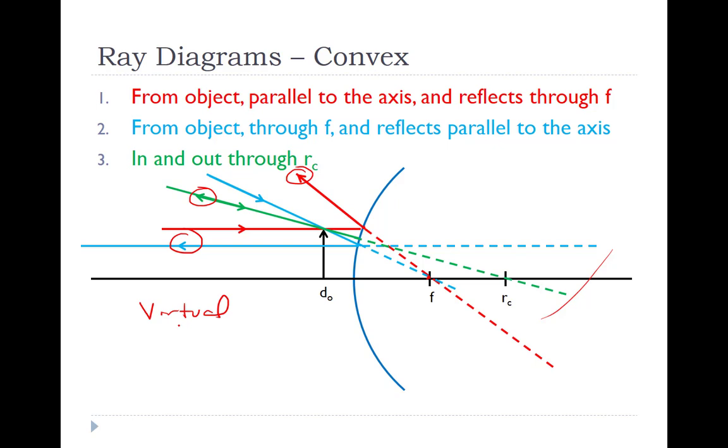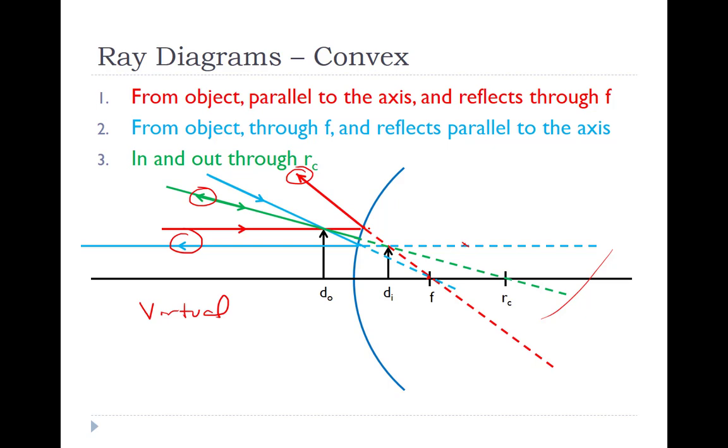Because it's virtual, I've got to go looking for the image again. And so I take my 3 outgoing rays, and I back them up. Notice there are 2 blue rays, but I want the one that follows the outgoing ray. So I want this one, not that one. Those 3 outgoing rays cross right here. So that is where my image is.